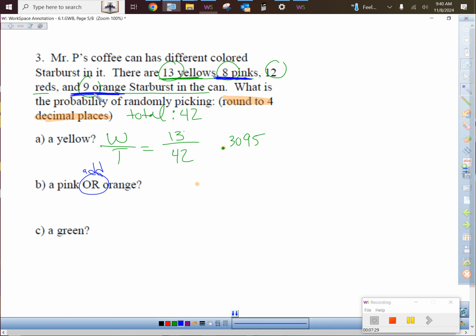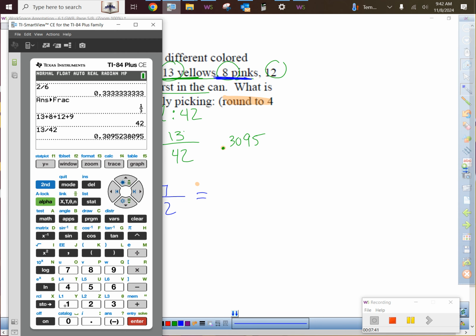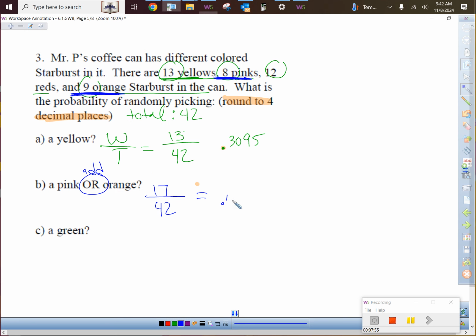If we add those together, how do you feel about that being 17 Starbursts total, right? 8 of them were pink and 9 of them were orange out of the 42 total Starbursts. So they want it as a decimal, so 17 divided by 42. We'll round that to 4 decimal places. 0.404. Do you see how that 7 needs to round up to become an 8 in that case? So 0.4048. Basically a 40% chance of me pulling out a pink one or an orange one.